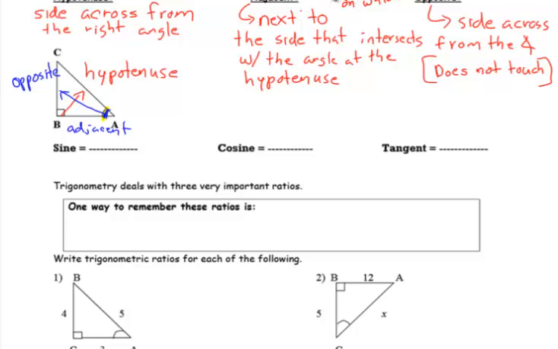Now, there are three ratios that we have to remember. The first is sine, and sine is the opposite over the hypotenuse. Cosine is the adjacent over the hypotenuse.